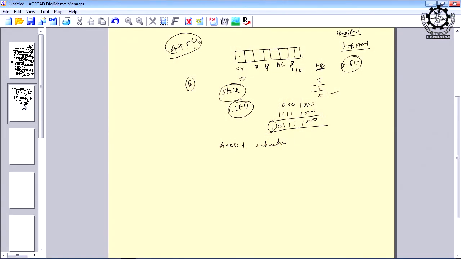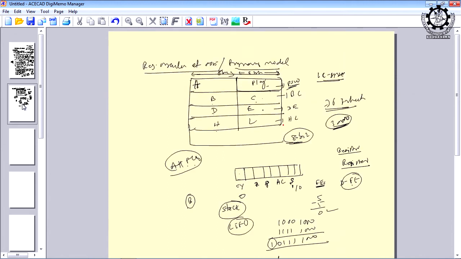So, all these things we shall discuss; there is a section where we will discuss stack and subroutines. Is it okay? So, this is about the register organization, the basic register organization of 8085. In addition to this, we have another two registers, one is called PC, another is called SP. PC stands for program counter and SP stands for stack pointer, and there is no splitting of the PC and SP.